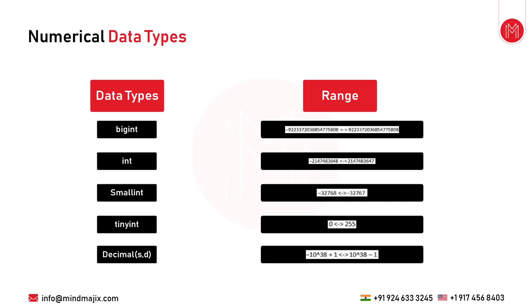So this is the maximum range, the maximum value that this particular data type can hold. Similarly, we have int, smallint, tinyint, and decimal, which hold different ranges of values depending on how the data type has been defined.